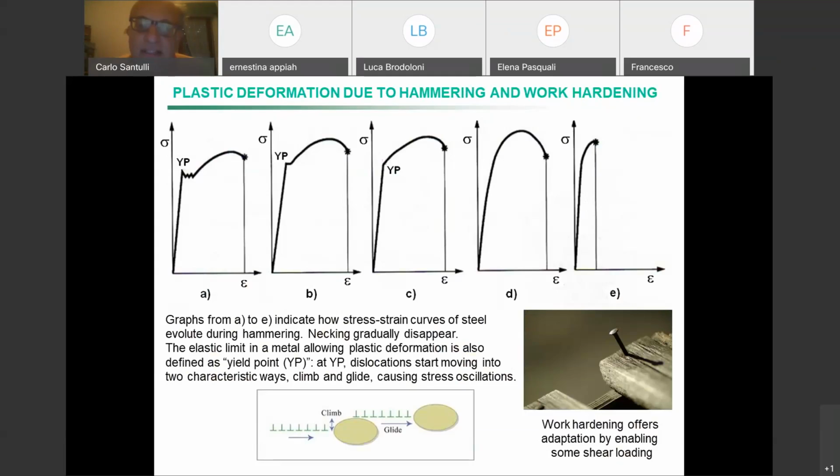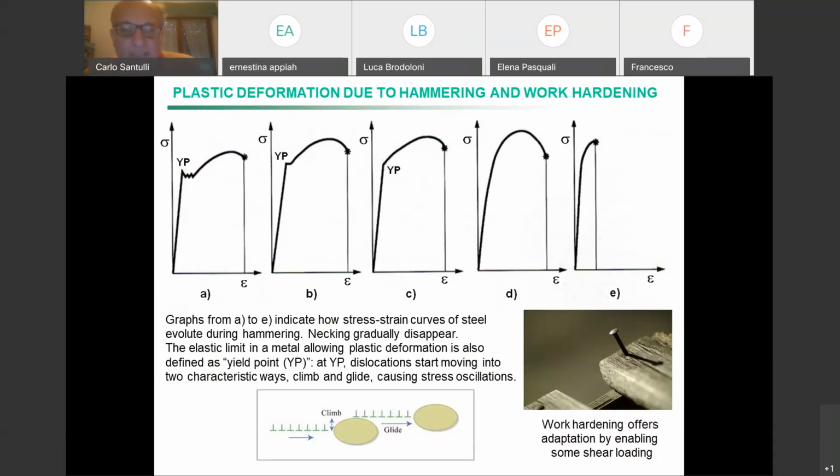Of course, the nail is going to be different. So the plastic deformation you need to hammer a nail may be more or less, and this influences also the shape of the nail. Okay.